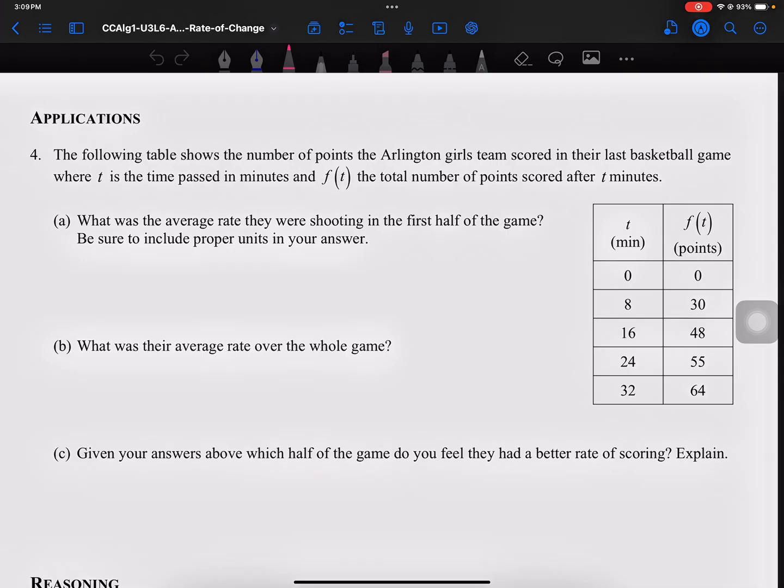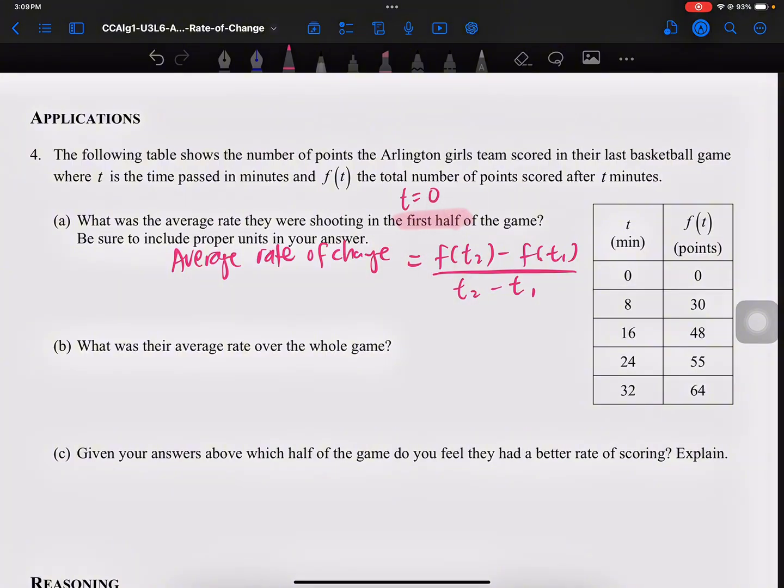So for A, the average rate in the first half of the game. We use our formula: average rate of change is equal to f(t2) minus f(t1) over t2 minus t1. First half means that t1 is equal to 0 and t2 is 16.